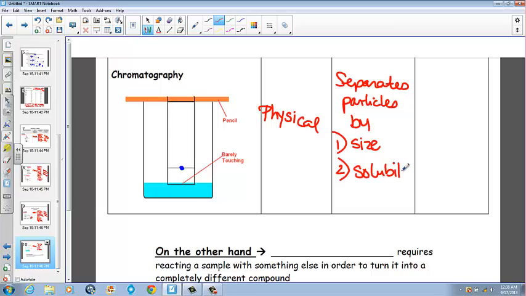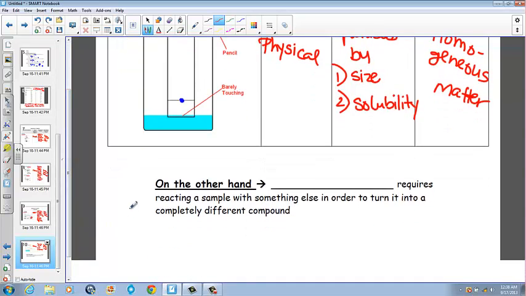Hopefully you remember what solubility is. We talked about that in lesson 1, how much of a substance will dissolve in about 100 milliliters of water. This is a given, a constant for whatever substance we're dealing with. And this is good for homogeneous matter or mixtures, however you want to say it.